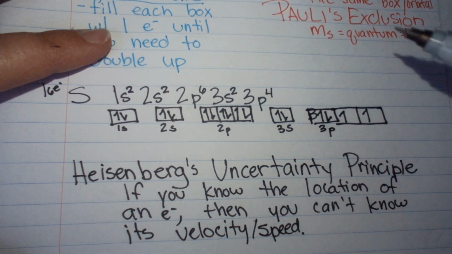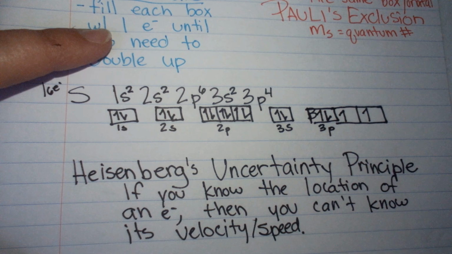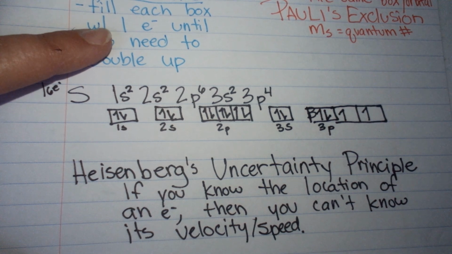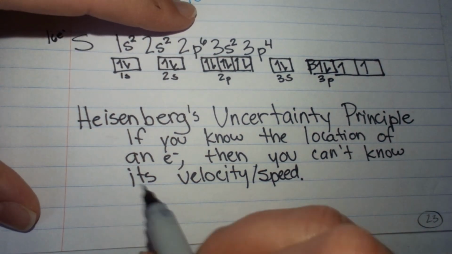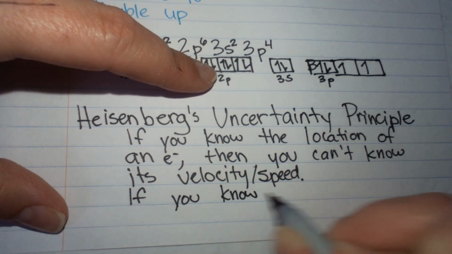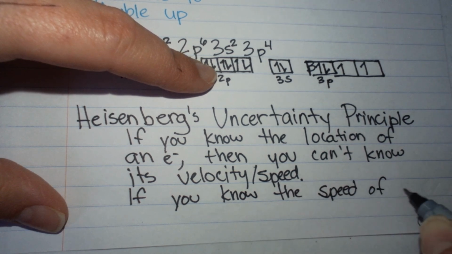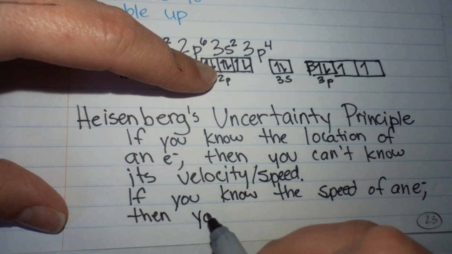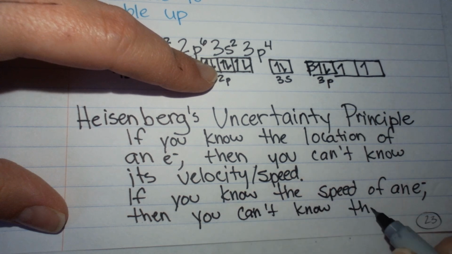Because if you find its location, then you have interrupted its travel, and it's so little that it can't keep going the same speed if you know where it is. Because if you shine a light on it or if you somehow stop it, you can't know its speed. It has changed speed. The opposite is also true. So if you know the speed of an electron, then you can't know the exact location.